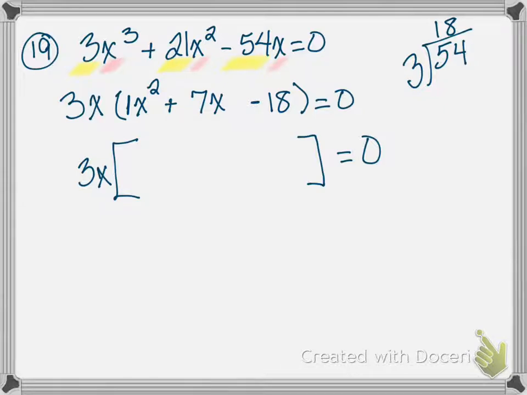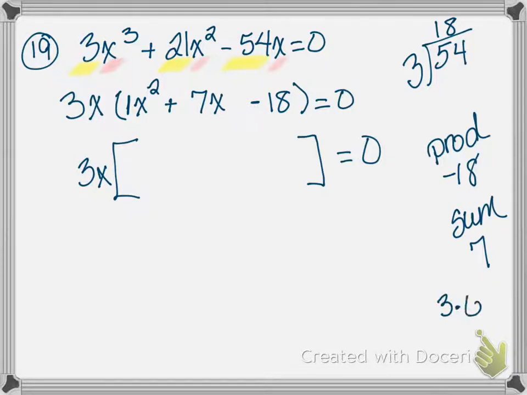So I'm looking at that negative 18. That's my product. My product is negative 18. Because it's negative, I am looking for one positive number and one negative number. My sum here is positive 7. Okay, so I always think of 3 times 6.